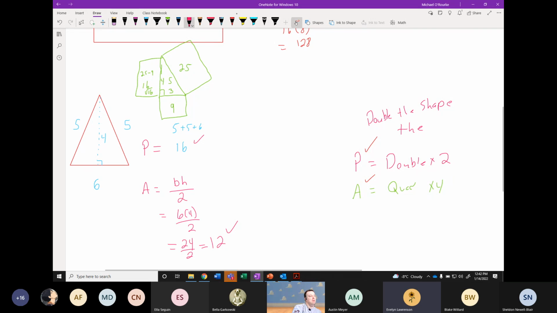So if we do another one, now remember these aren't to scale. I'm going to put a 10 on this side, a 10, a 10, and a 12. And we have to figure out our height.